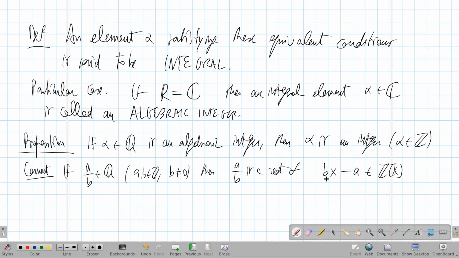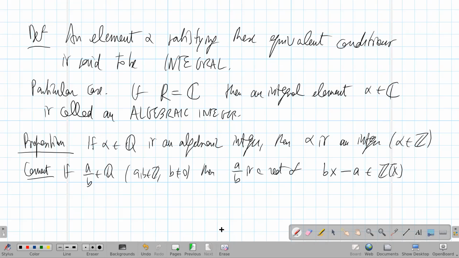If b is 1, then this is an integer, just a, and we are simply saying that a is a root of x minus a. But if b is different from 1 and minus 1, then this rational number is a root of this polynomial, which is not monic. And what we are going to prove here is that not only is this not a monic polynomial, but there is no monic polynomial of which alpha is a root.